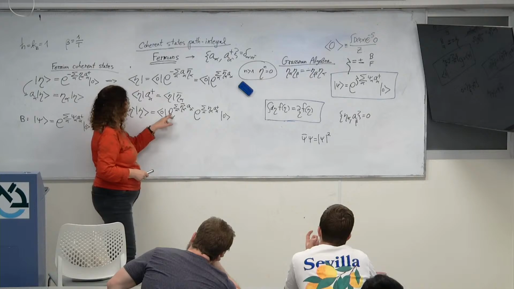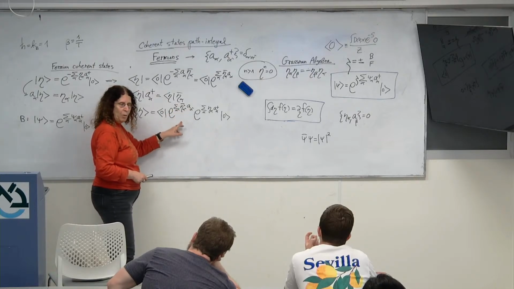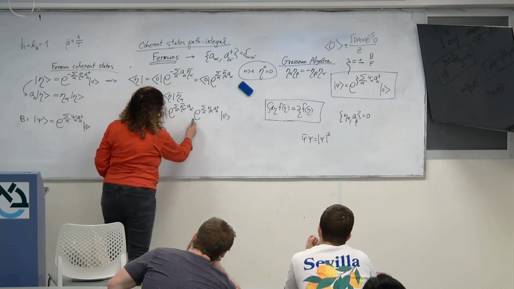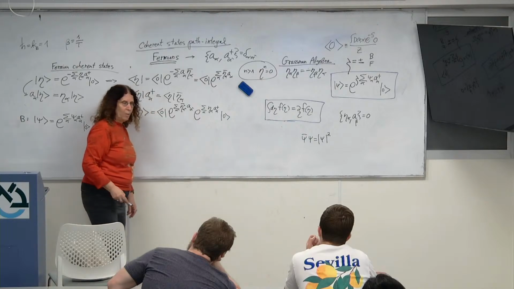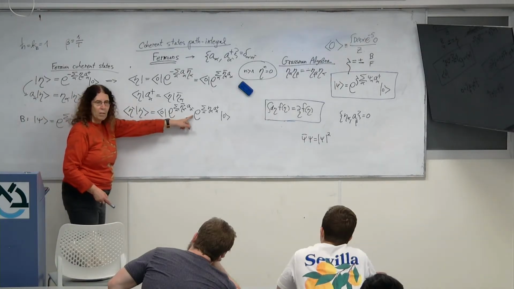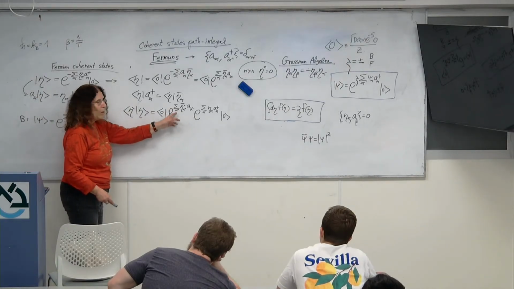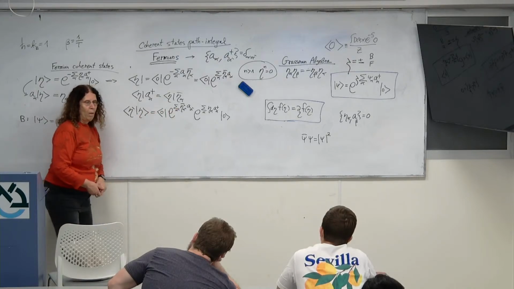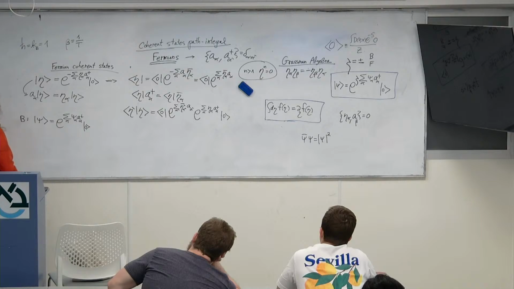That's the trick. So you take this, expand it in a Taylor series, and then use the fact that this is a coherent state. You can use this identity, because what is the expansion of this? It's just 1 plus all the linear terms, right?